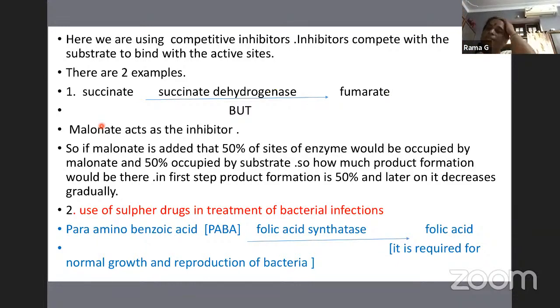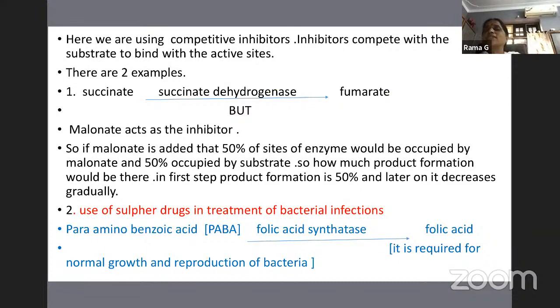And the second example of competitive inhibitors is the use of sulfur drugs in the treatment of bacterial infections. In this equation, the normal reaction is para-amino-benzoic acid, which is treated as PABA, turning into folic acid.